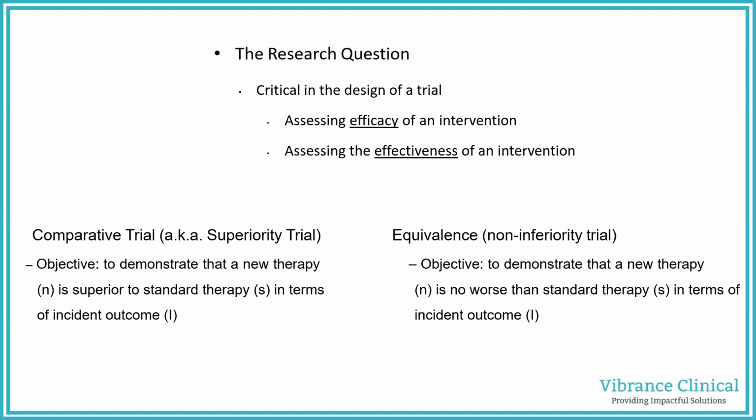Which means I'm giving another option to the patient to provide them this therapy as well. In the other one, superiority, I am proving superiority. So the sample sizes here would be different. The difference between the two arms would be different in terms of sample size, the design of the study, and the outcomes that we're looking at.